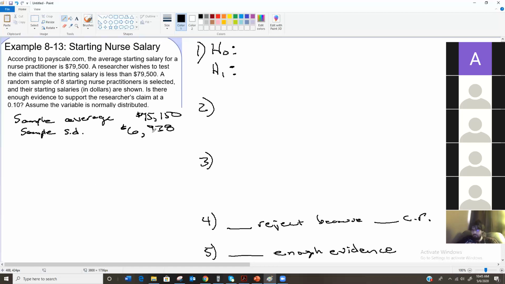All right, so what did you guys have for the null hypothesis? Mu equals 79,500. You got it, 79,500. And then what'd you have for the alternative hypothesis?